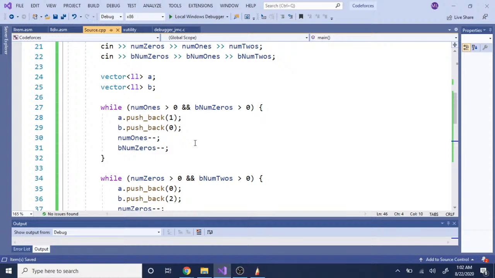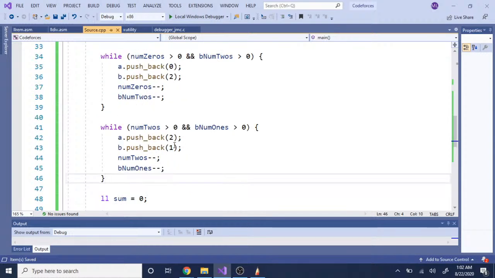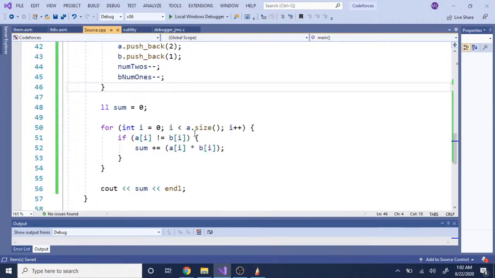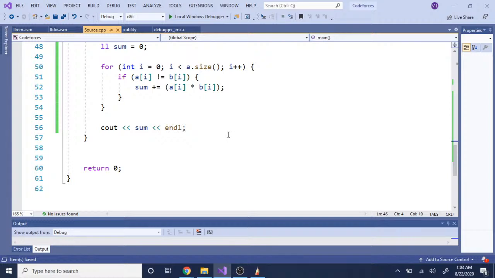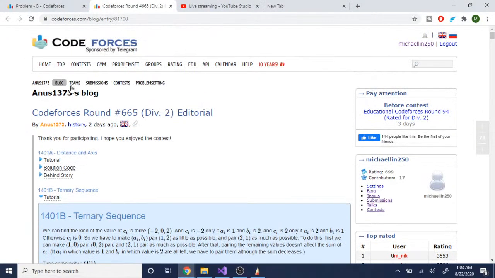Remove your 1s. So to maximize the number of 2s, they're removing all the 1s first, all the zeros for A, and then they're pushing all the 2s. So let's run this and see if this works.